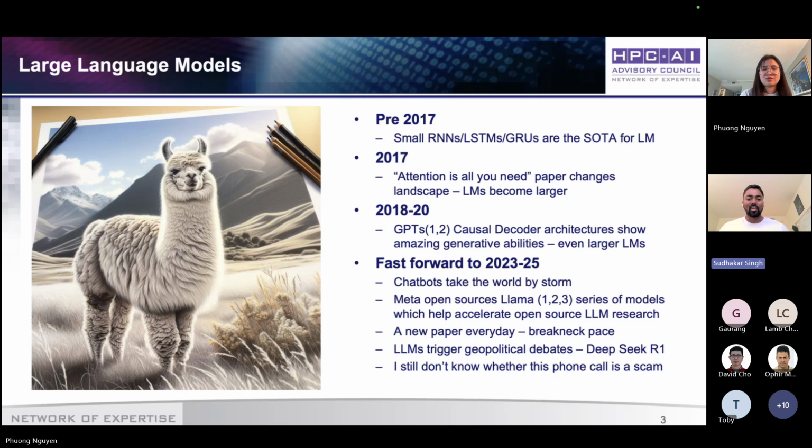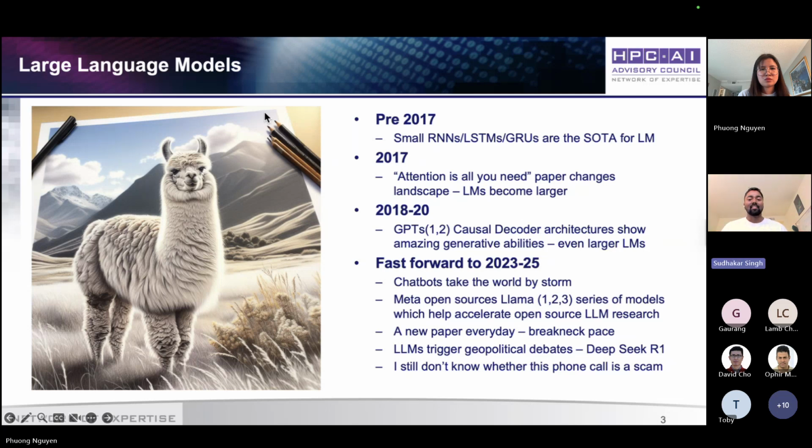We'll start with the pre-2017 era, where transformers were not a thing. We had small RNNs, LSTMs, GRUs. They were the state of the art, and these models were still called language models. In 2017, the Attention Is All You Need paper came out, and it completely changed the landscape because it was the first time language models could scale beyond 1 GPU.